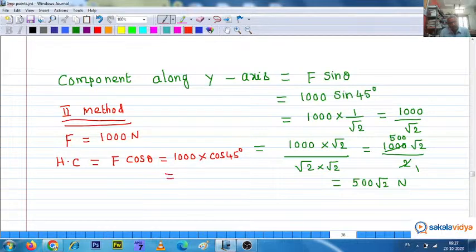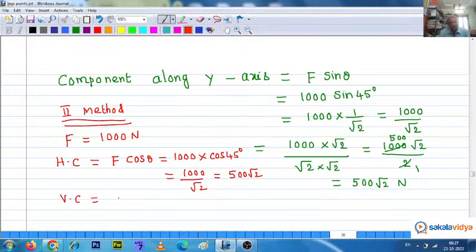So this is 1000 by root 2. This we need to do as mental calculation only. So 1000 root 2 by 2, so we get 500 root 2. Write down root 2, very simple.